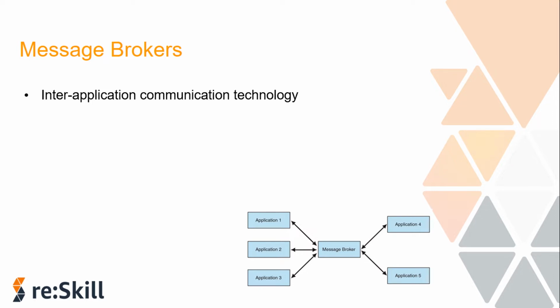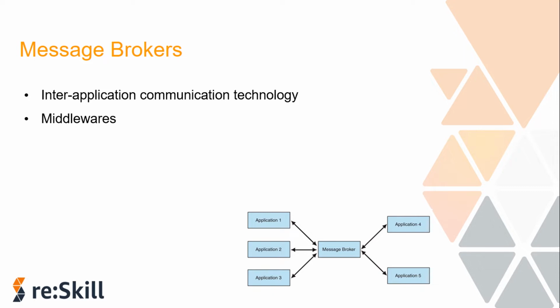The message broker does this by translating messages between formal messaging protocols, and this allows independent services to talk with one another directly, even if they were written in different languages or implemented on different platforms.